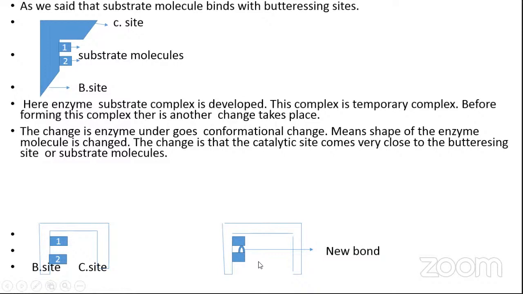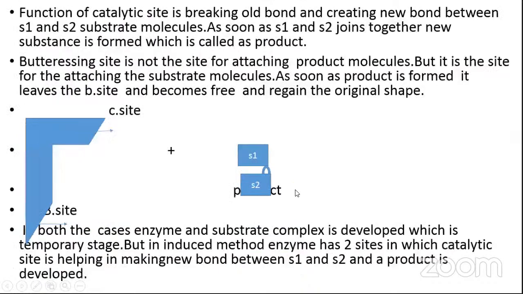So after completing this conformational change, an enzyme substrate complex will be developed. After that, as soon as S1 and S2 join together, a new substance is produced, which is called a product.